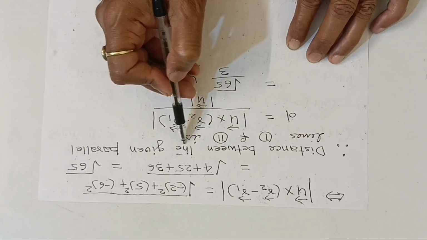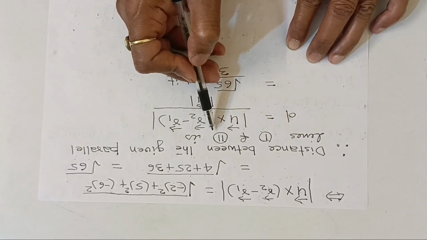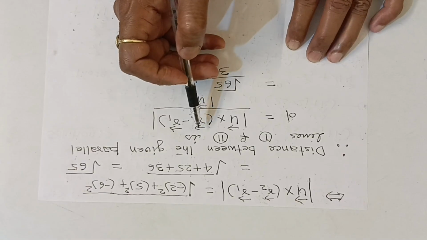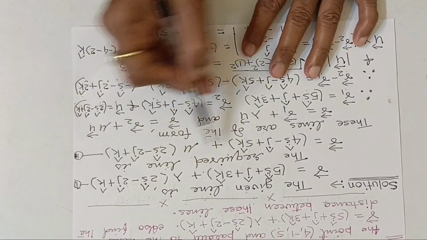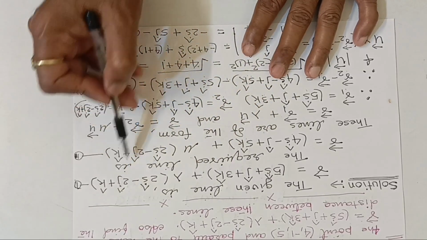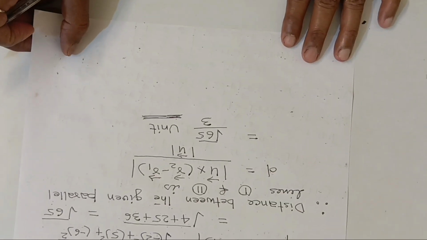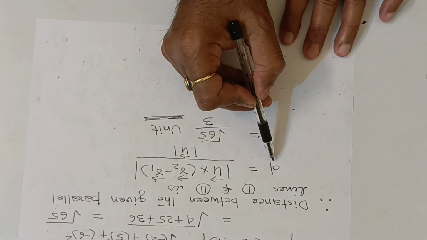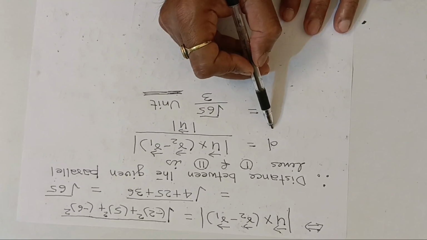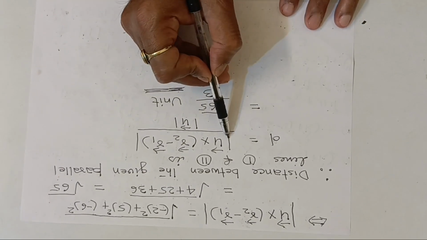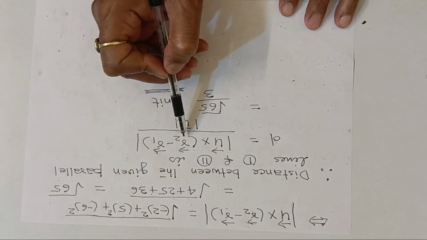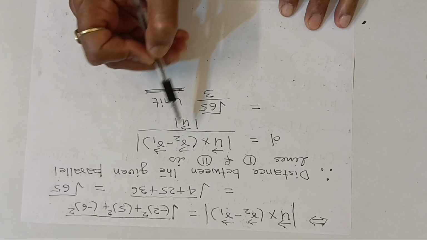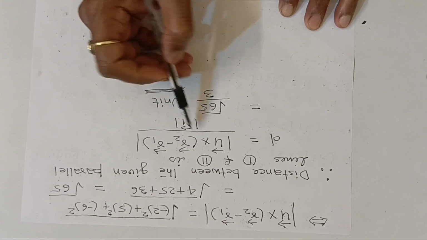Hence, the distance between the given parallel lines 1 and 2, denoted by d, is d = mod of vector u cross vector r2 minus vector r1, upon mod vector u.